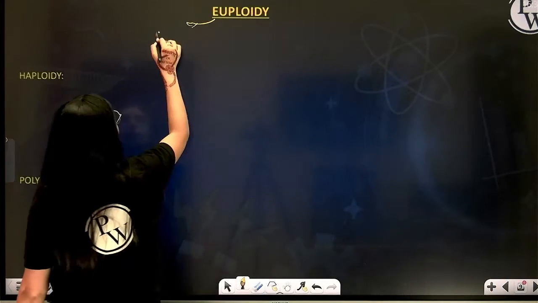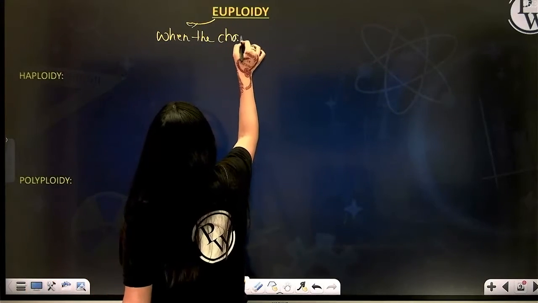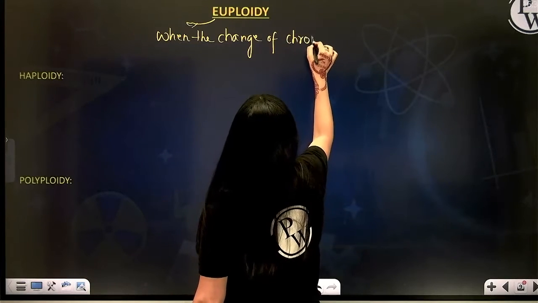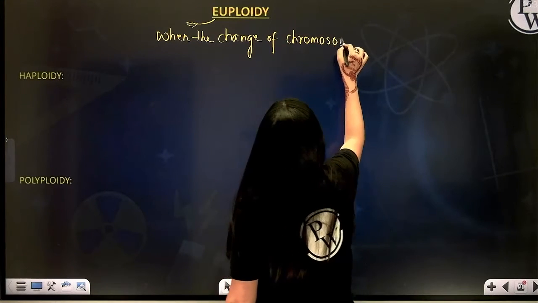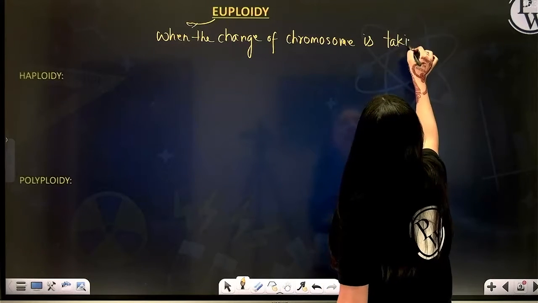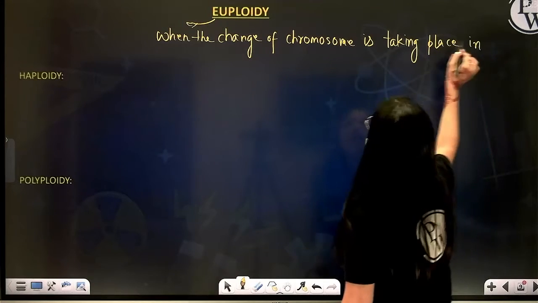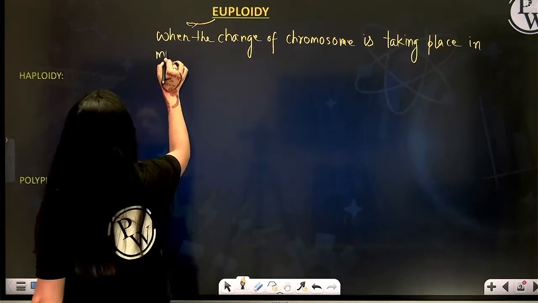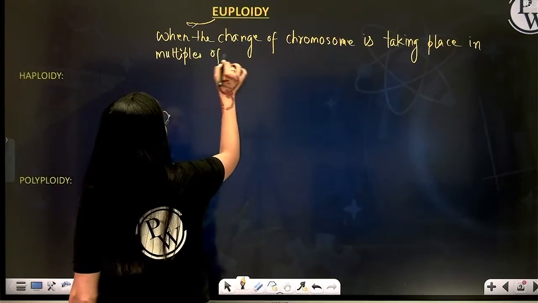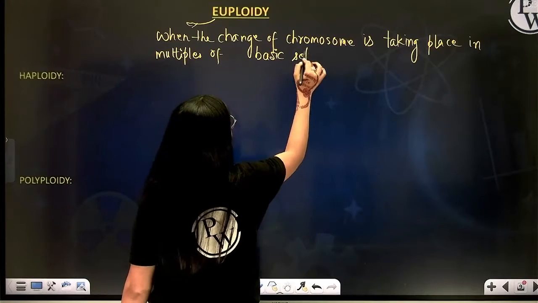So what is euploidy? When the change of chromosome is taking place in multiples of basic set.